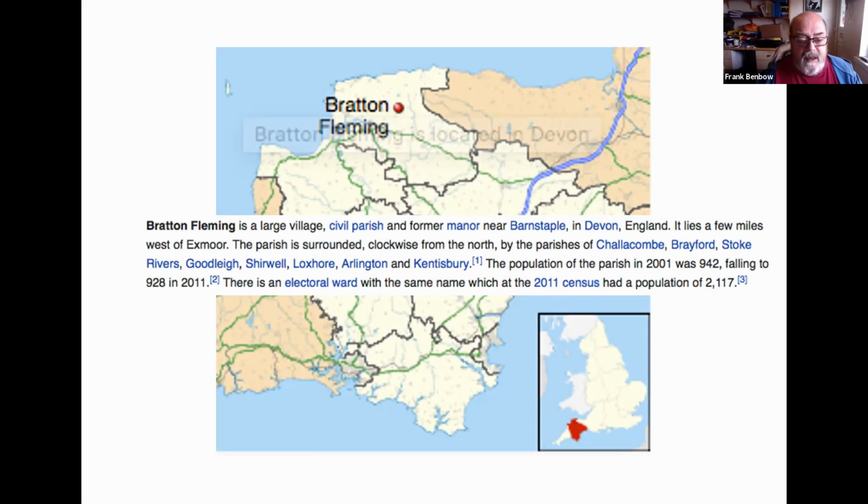Bratton Fleming, described as a large village civil parish. We've got a population of under 1,000. We're on the slopes of Exmoor. The entry at one end of the village, we're 600 feet above sea level, rising to 1,000 feet at the other end.